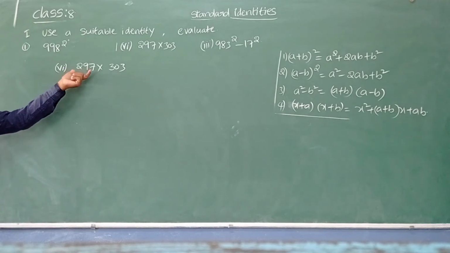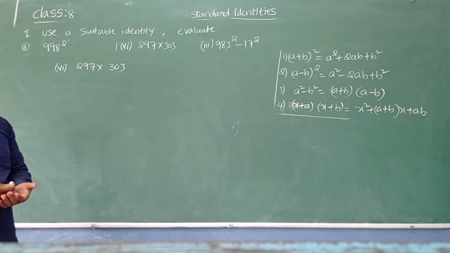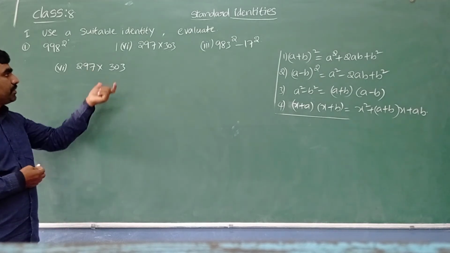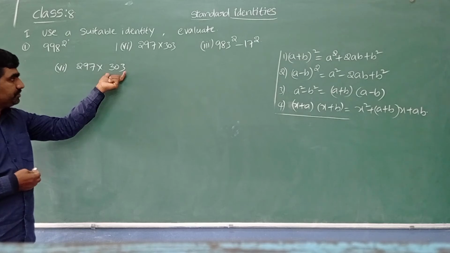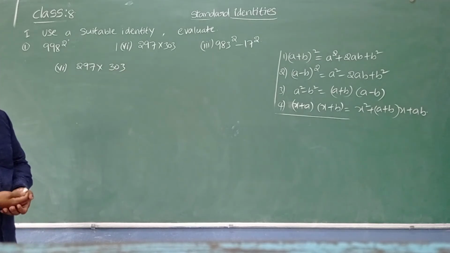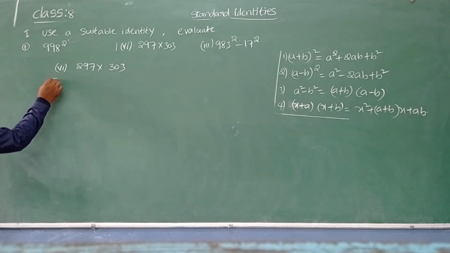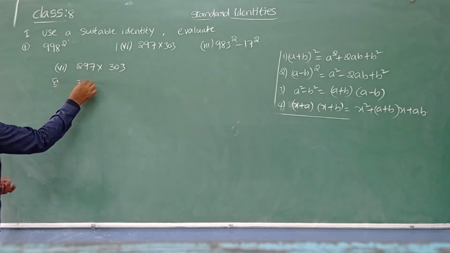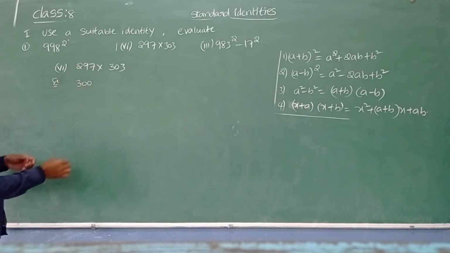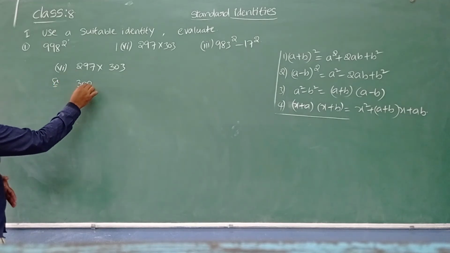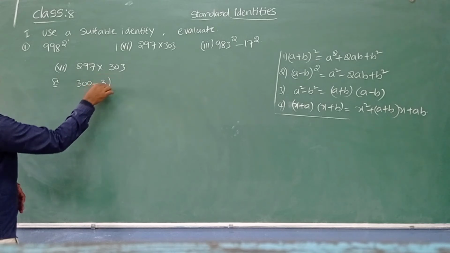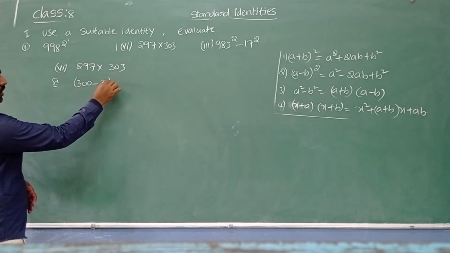Now tell me, 297 is near to which round figure? Sir, 297 is near to 300. Similarly, 303 is near to which round figure? 300. Yes, 297 is near to 300. Now for 300, to get 297, we need to subtract 3. From 300, by subtracting 3, we get 297.